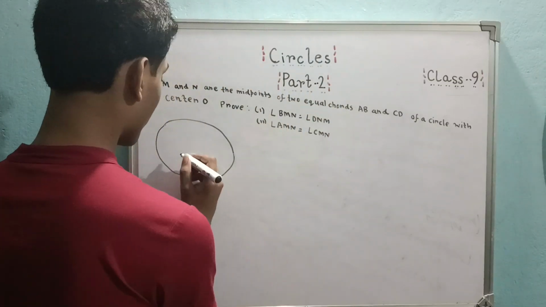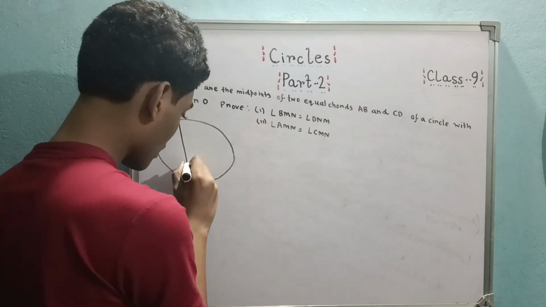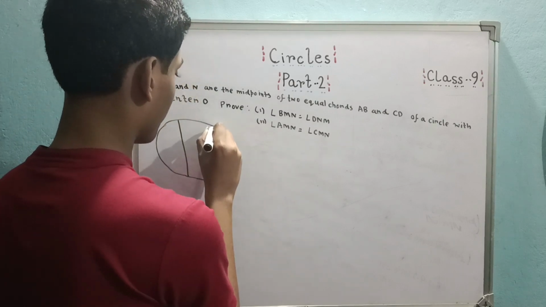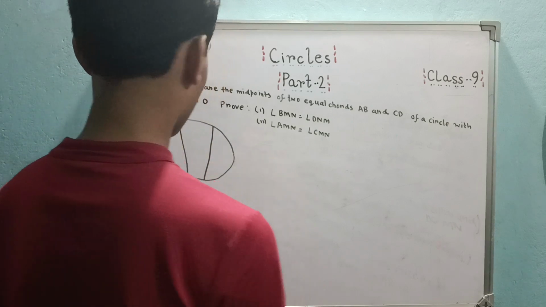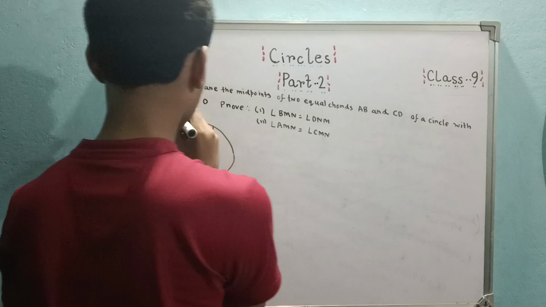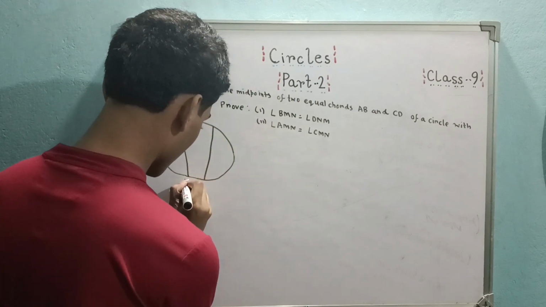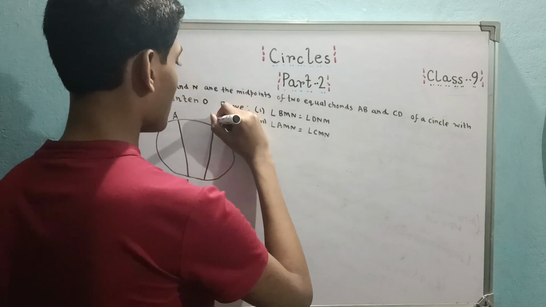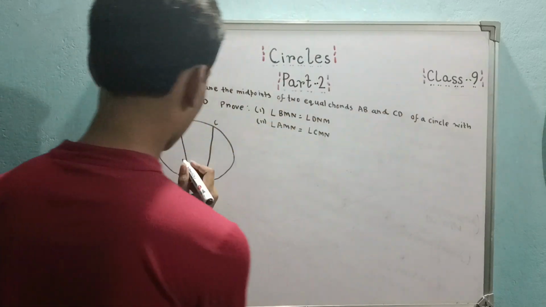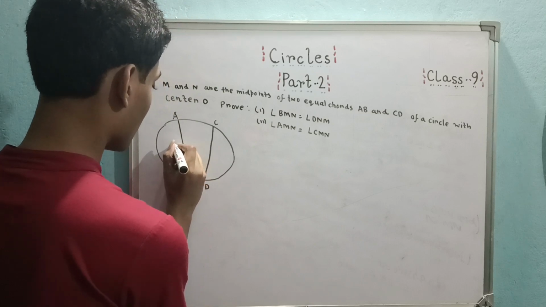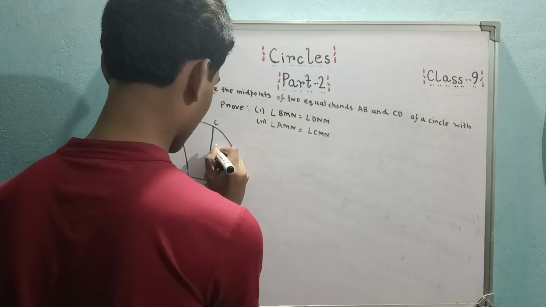So we have two chords here. A, B and C, D, they are like this. They are equal. Suppose M is the midpoint of AB and N is the midpoint of CD.